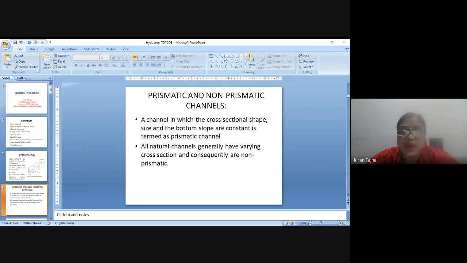That is known as prismatic channel. Then all natural channels generally have a varying cross section, and these are called non-prismatic channels. Most of the man-made channels are prismatic channels because they have definite shape, size and slope.